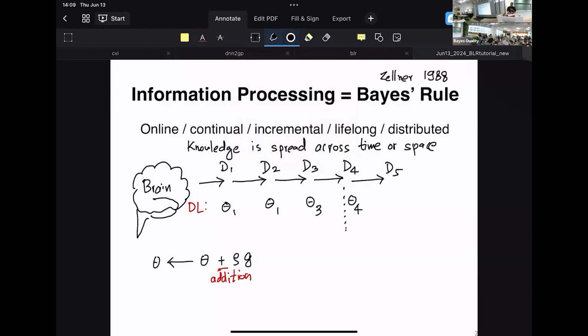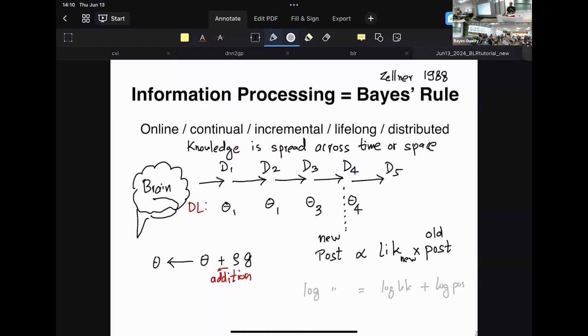In Bayes' rule, the same thing is realized slightly differently. So you have a posterior, but then you multiply. You could say it's an old posterior, and then this becomes the new posterior. So you have a new likelihood, and you multiply. Here it's a multiplication, not addition, but if I take the log of everything, then it will be some kind of addition.